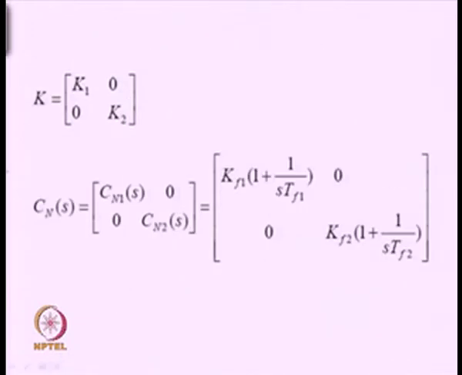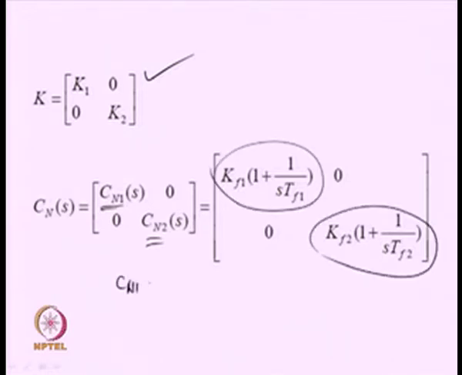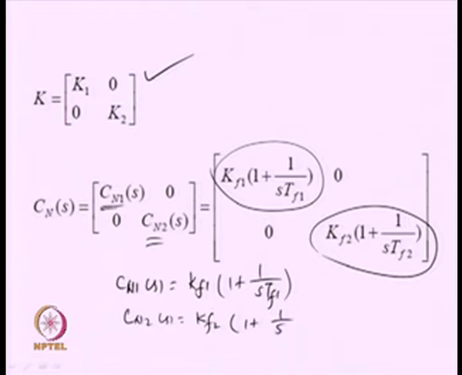Similarly, please allow me to write the gains in diagonal matrix form, given as K is equal to diag(K1, K2), and the controllers Cn1 and Cn2 are described by two PI controllers of the form Cn1 is equal to Kf1 (1 plus 1 upon S Tf1) and Cn2 is equal to Kf2 (1 plus 1 upon S Tf2).